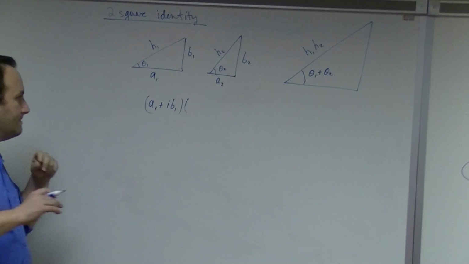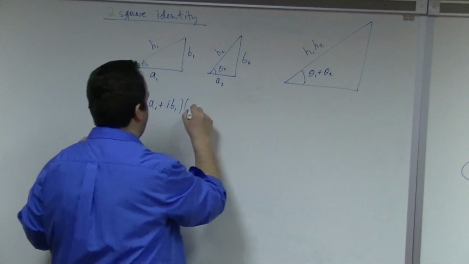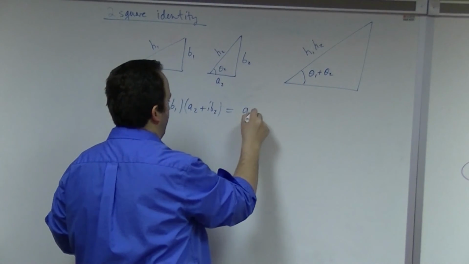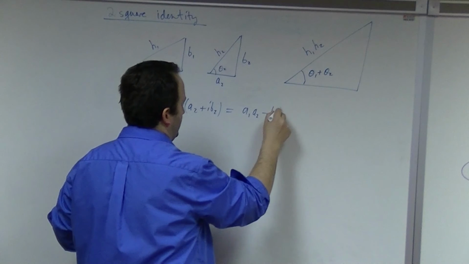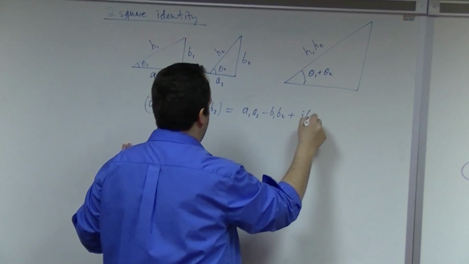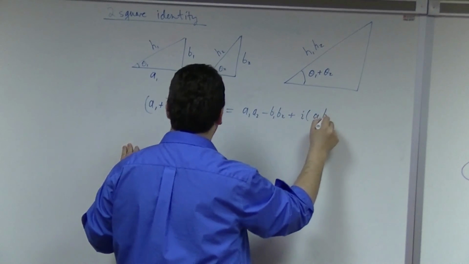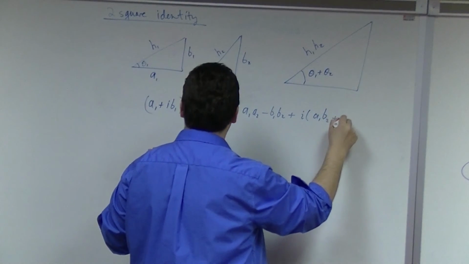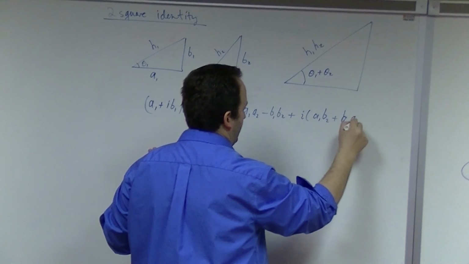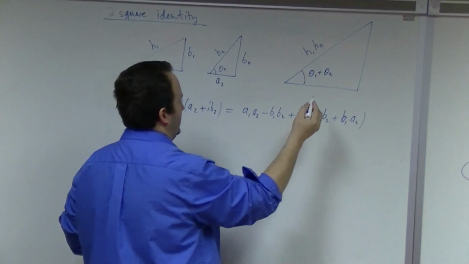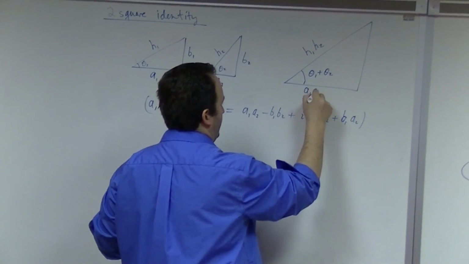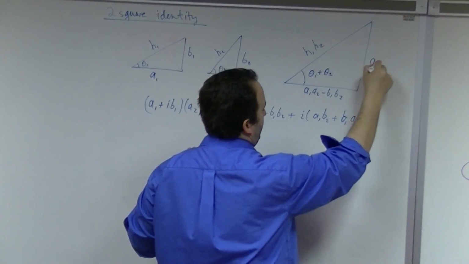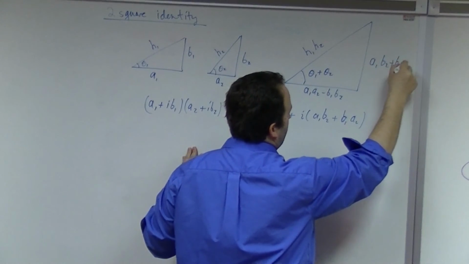Of course, this is A1, A2 minus B1, B2 plus I times A1, B2 plus B1, A2. Okay, so anyway, A1, A2 minus B1, B2 is the side length. And over here you have A1, B2 plus B1, A2.